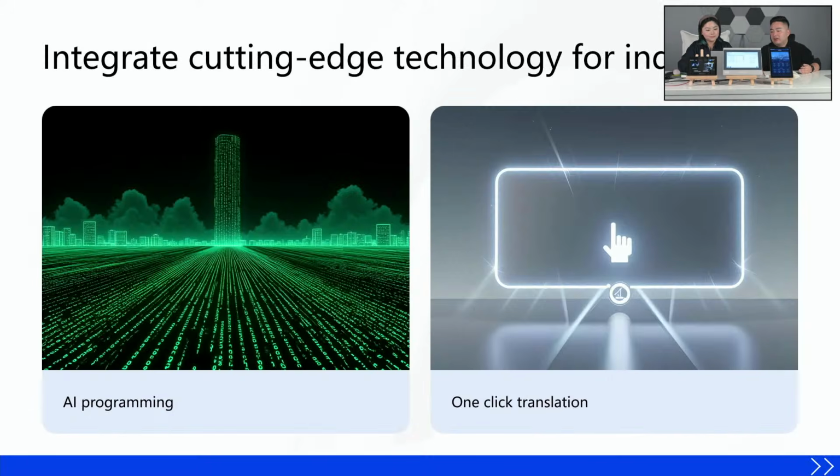As an example, as just introduced, we now have macro AI programming and one-click translation for the interface of the software. Those are part of the AI functionality, and we are still researching and developing other AI functionalities.